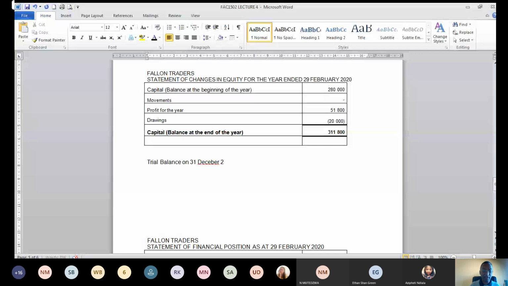If I tell you that in my trial balance on the 31st of December 2019, one of the accounts that I've got there is capital, and the capital has a balance of, say, 260,000 rand.